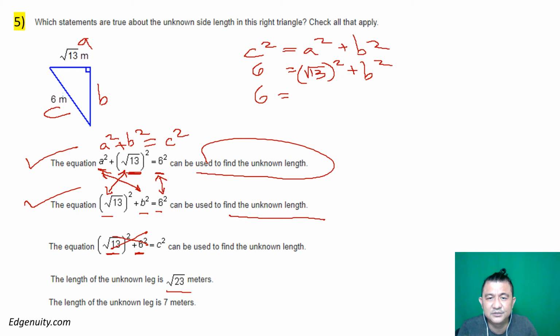Now, this is the first time we're going to do this. The square root of a square actually what? Cancels it out. The square root of a square cancels it out. It's back to 13 plus B squared. Okay? So next.